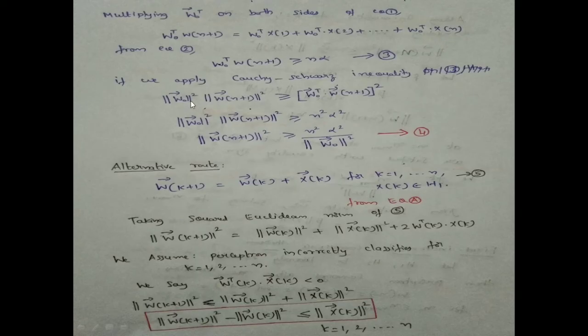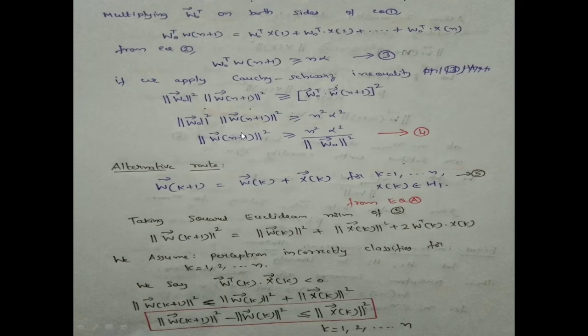Given two vectors W0 and W of n plus 1, the Cauchy-Schwarz inequality states that the norm of W0 squared times the norm of W of n plus 1 squared is greater than or equal to W0 transpose into W of n plus 1, whole squared. Since W0 transpose into W of n plus 1 is greater than or equal to n alpha, the right side becomes n squared alpha squared.